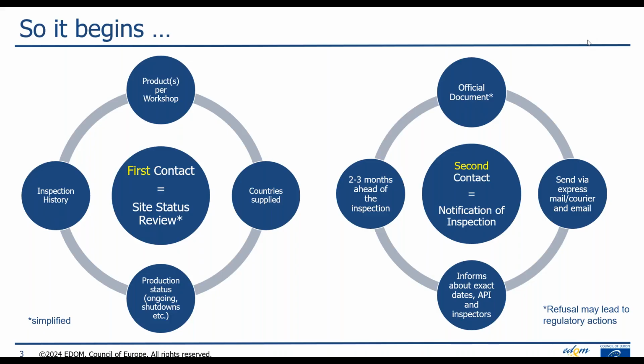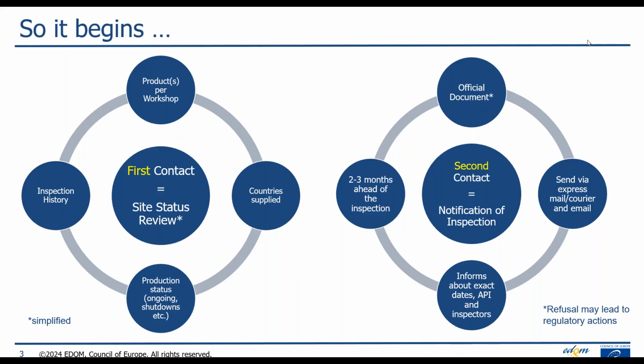And if we can tick all the boxes and the firms are considered as eligible for inspection, then the second contact kicks in. And this is indeed the notification of an inspection. It is an official document, and it refers to the commitment that was given by the concerned company to host an inspection organized and conducted by the EDQM.